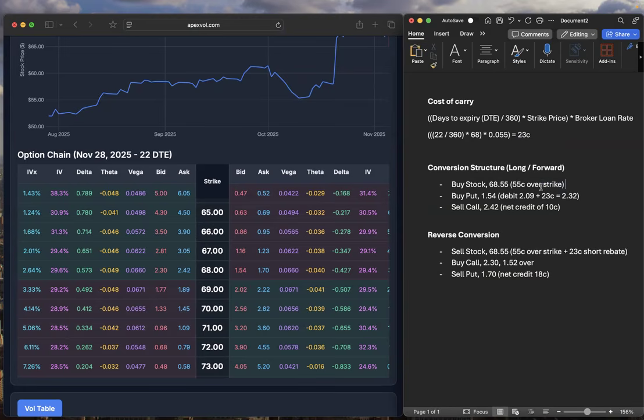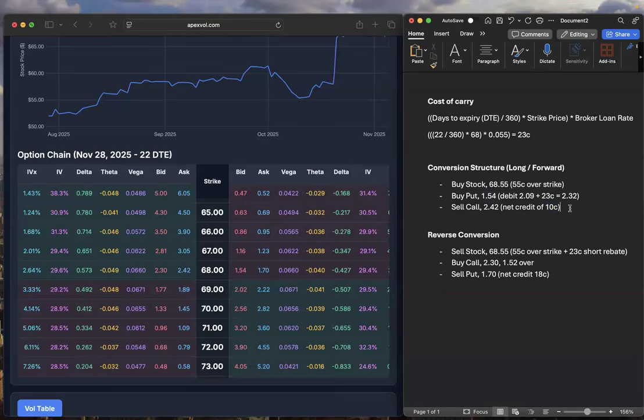And we are going to hedge our long stock by buying the 68 puts at $1.54. So we are paying $2.09 over plus the 23 cents in interest for a net debit of $2.32. And if we sell the calls at $2.42, which is where they're offered, we have a net credit of a dime. That is the forward conversion.